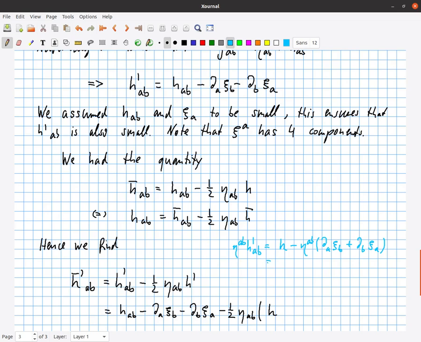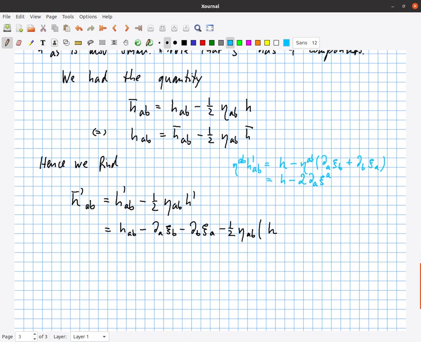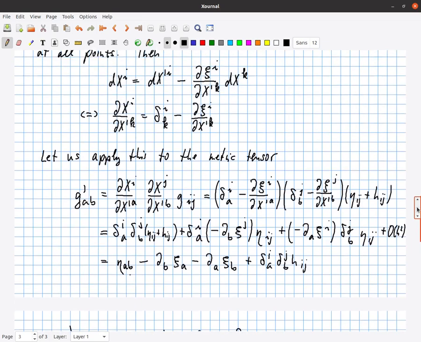This means we can write here h minus 2 partial_A xi^A. Changing back to black, minus 2 partial_S xi^S, because we don't want to repeat the indices A and B. And if we scroll up a little bit, what do we want to do?